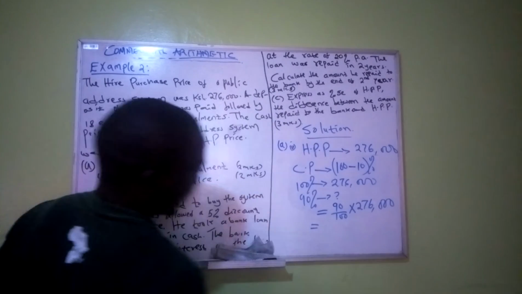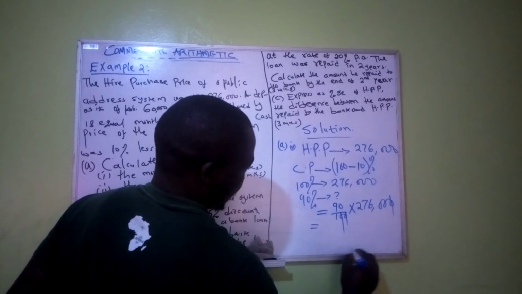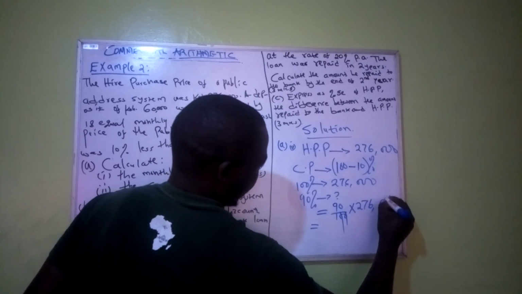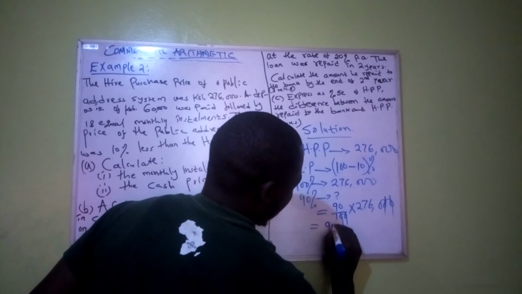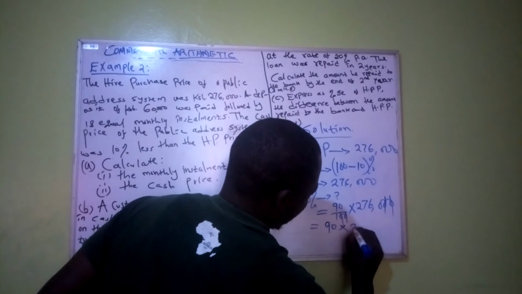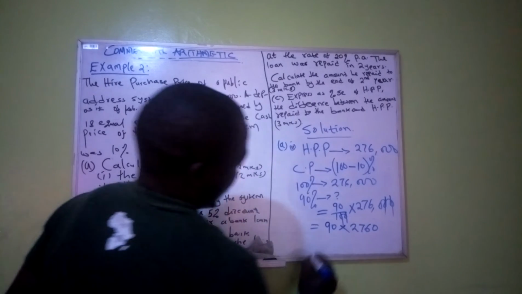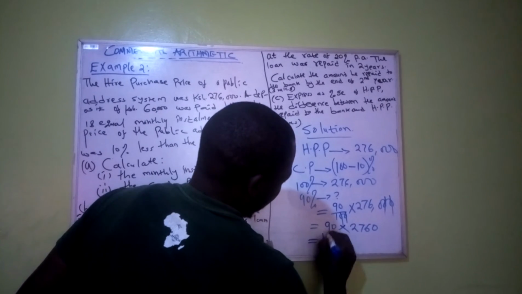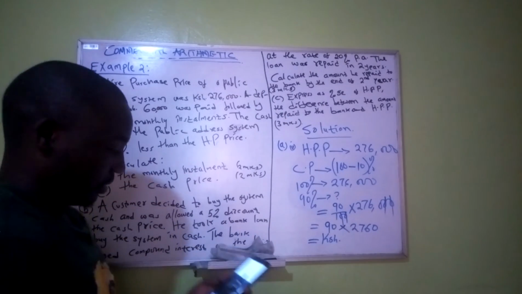The zeros cancel, so it will be 90 times 276,000. The answer will be in Kenya shillings. 90 times 276.